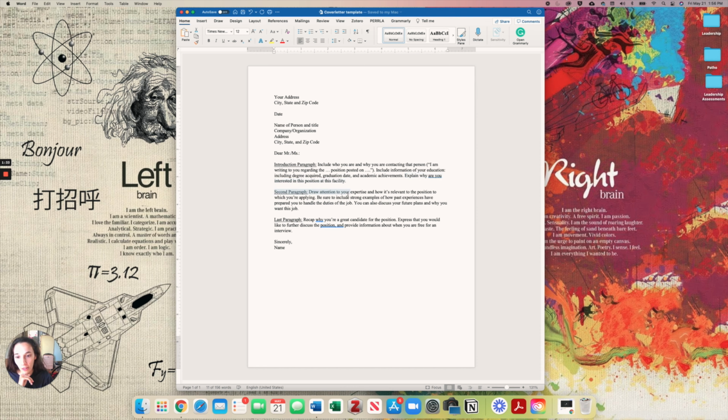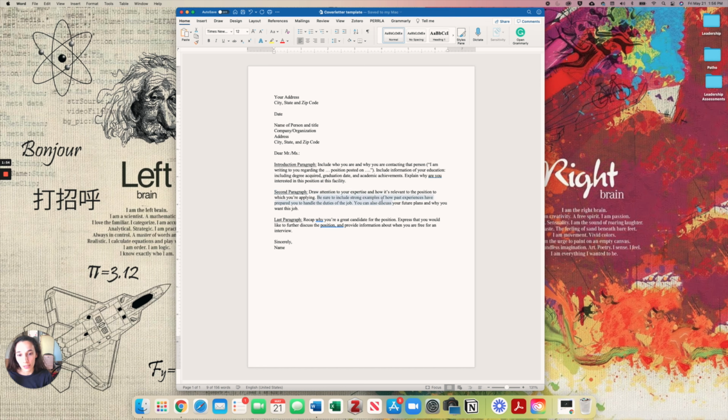Your second paragraph is going to draw attention to your expertise. So this is where you're going to build on what you put in your introductory paragraph. You're going to say why it's relevant to the position that you're applying to. So again, getting into that work experience that you've had in the past, that the skills can be transferred over to this job.